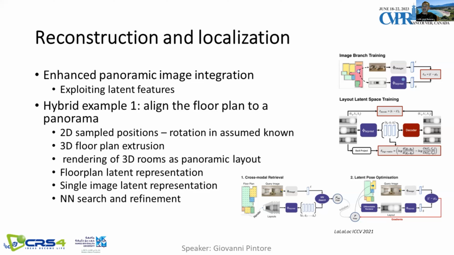We build a latent representation of it, sampling a fixed number of positions in 2D space. We render from each panoramic position the 3D rooms as a panoramic 3D layout, so a panoramic 3D projection rendering of the layouts that we have from the extrusion. And so we encode each room as a feature vector, I mean in latent space.